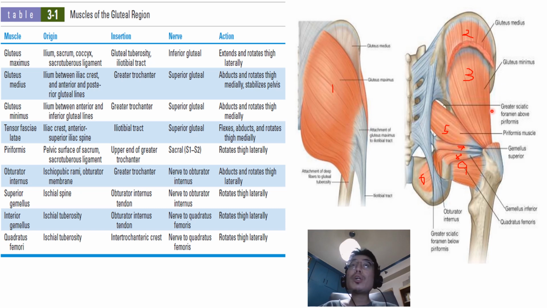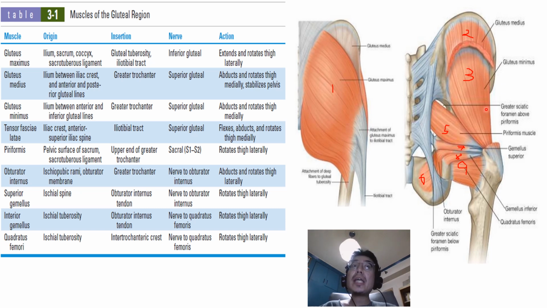The function of the gluteus minimus is also the same as the gluteus medius, which is to abduct and rotate the thigh medially.